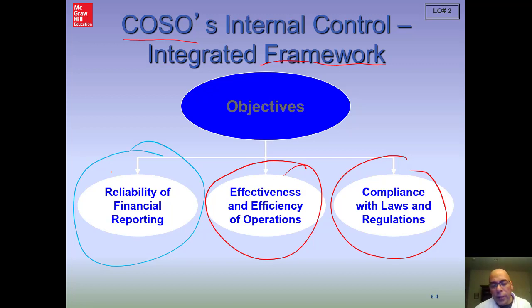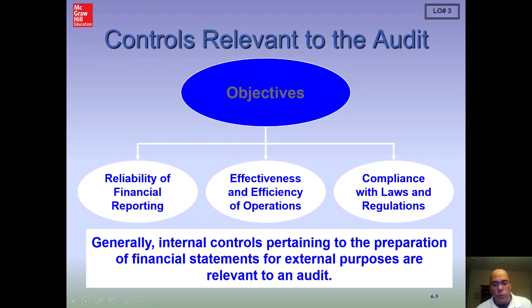But definitely that reliability of financial reporting, because if they've established those controls, the auditors can rely on those controls to a certain extent and alter the timing, extent, and nature of our substantive procedures accordingly if we can rely on those controls. So again, and we said this on the previous slide, the auditor is primarily concerned with the nature of the controls related to financial reporting.